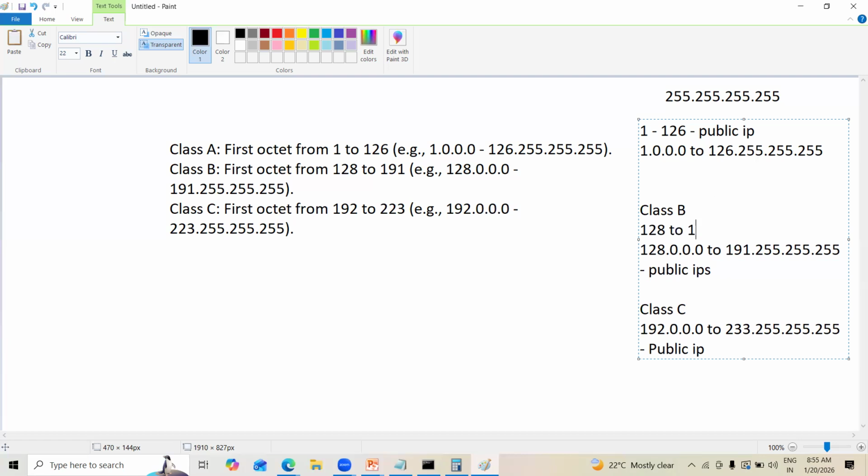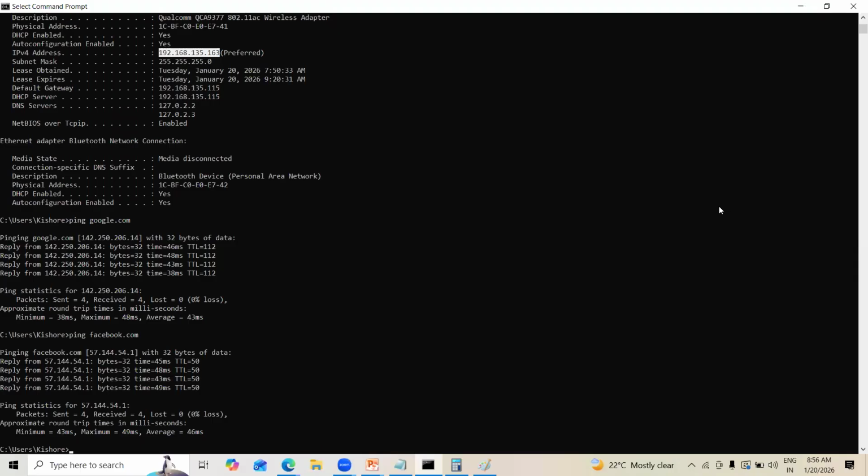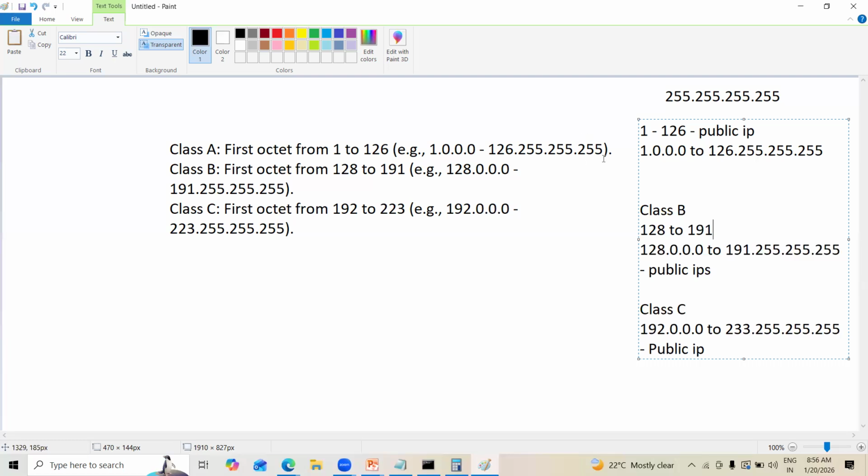The IP address of google.com is 142.250.206.14. So 142 comes under the class B range. We'll go deeper into that: what the classes are and what the public IPs are. For now we are seeing only public IPs.